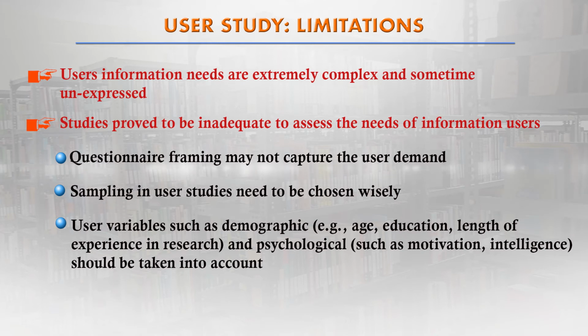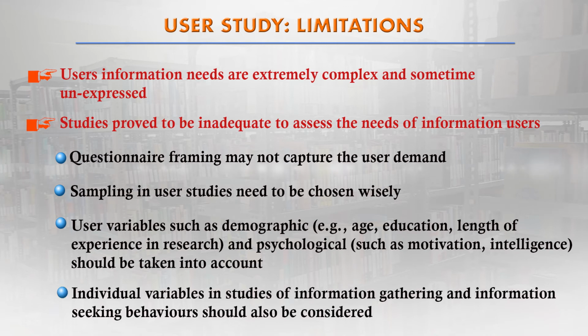If you are providing the same service to everybody, those who are intelligent enough will feel this service is substandard, while some might feel it is very good. So things vary. Similarly, some might be motivated, some may not. Individual variables also matter much, because of how much time users are providing for services.